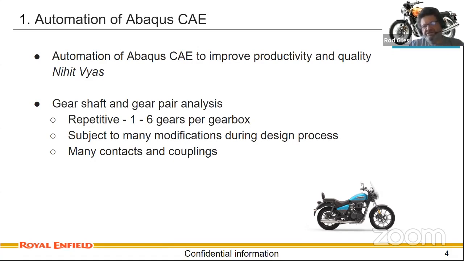There's many iterations in the design process, and also there are many couplings and contacts within the gear pairs, and so they cannot be analysed separately. We have to analyse the assembly. And so this leads to a very large number of possibilities for gear position and gear configuration, which means that there are a very large number of analysis runs to run.